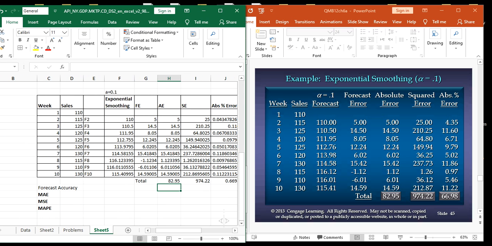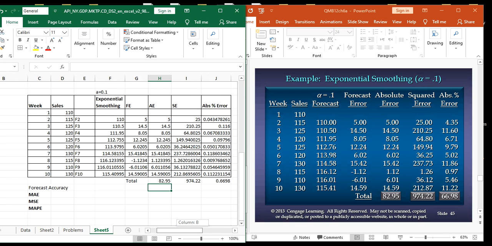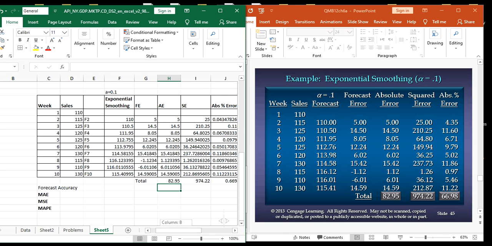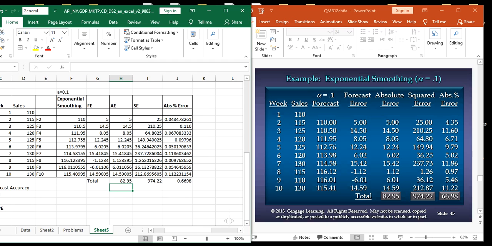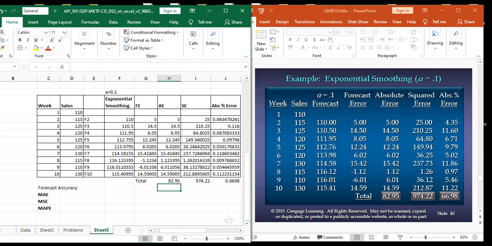Now we divide this by how many values we have here, 9 actually.